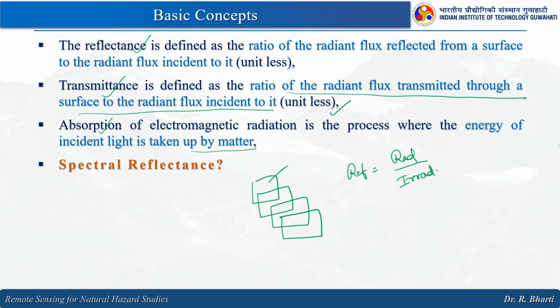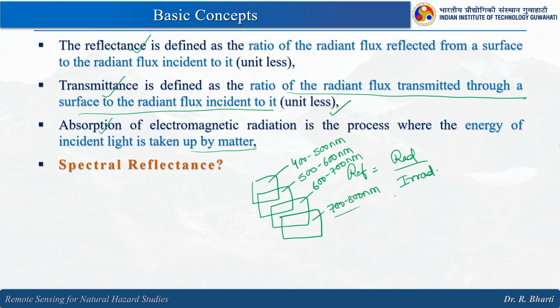So, let us say first band is generated using this 400 to 500 nanometer. Second band is 500 to 600 nanometer. Third is 600 to 700 nanometer. And the fourth one is 700 to 800 nanometer.